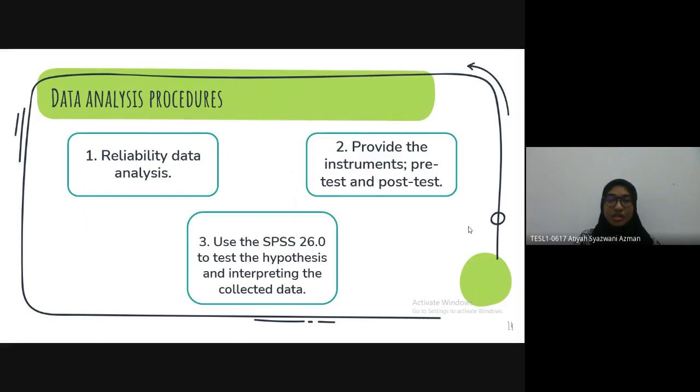The second one is to provide the instruments, where the researcher needs to amend some parts of the diagnostic test so that the diagnostic test can be implemented in the real data collection later. And then the third one is to use SPSS 26.0 to test the hypothesis and interpret the data collected.